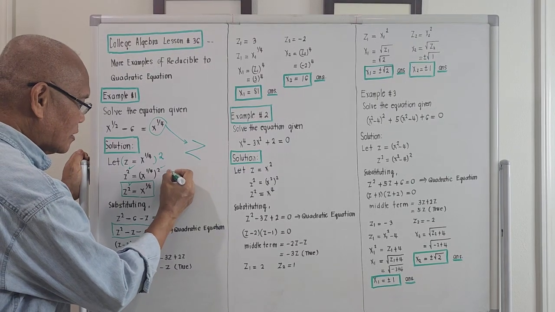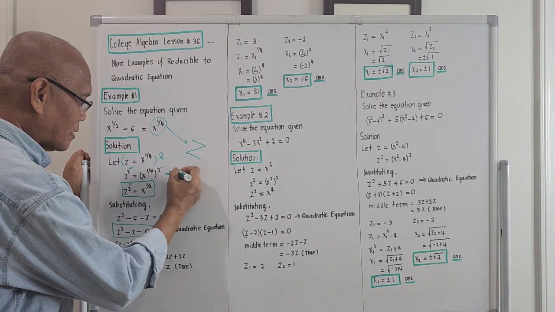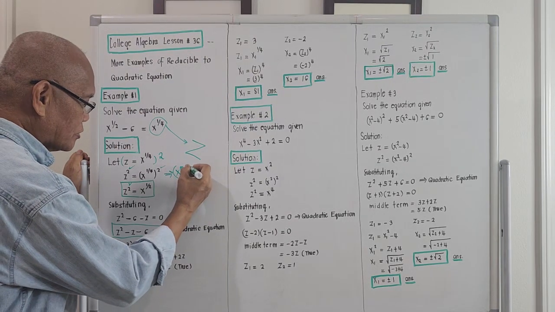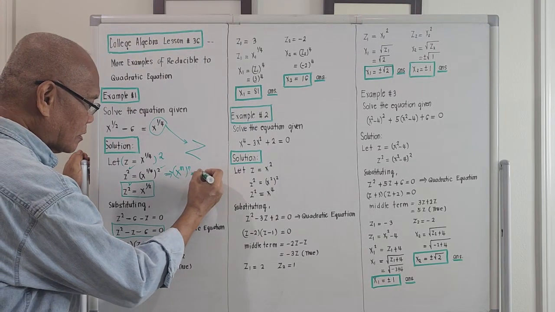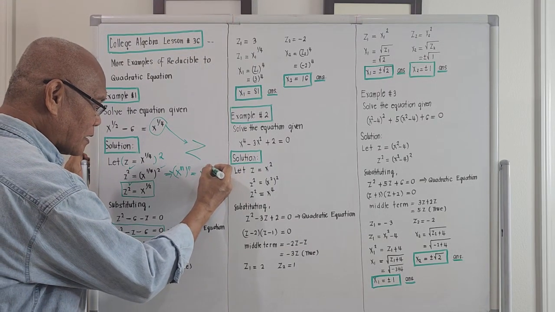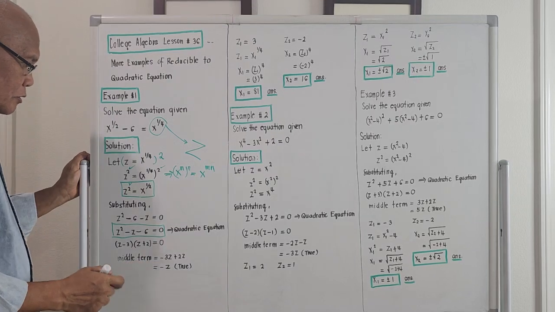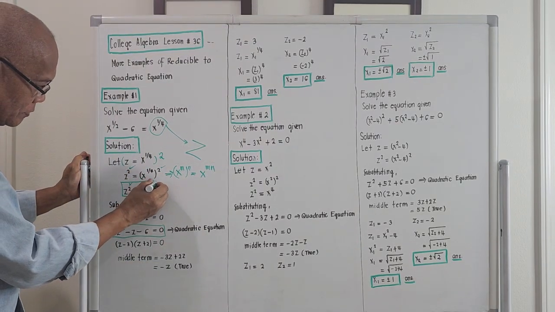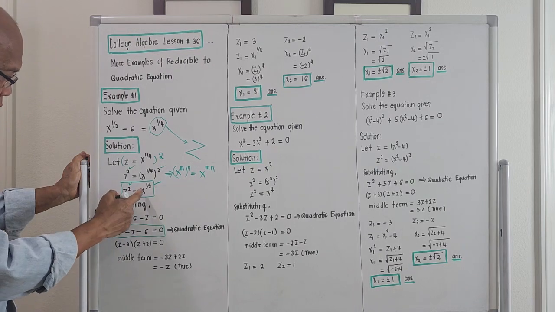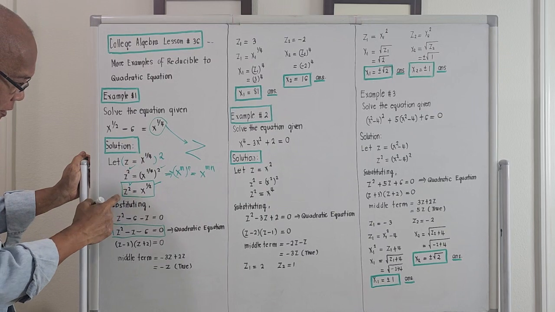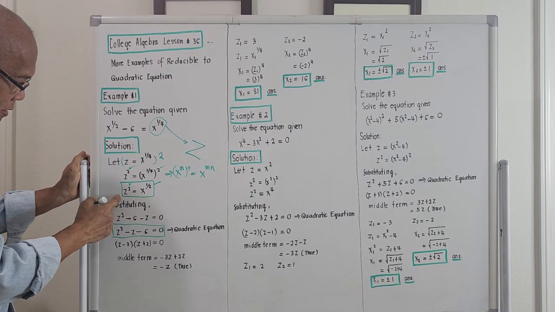We use the exponent formula here, x raised to m raised to n. This can be simplified to x raised to the product mn. So if we try to multiply 1/4 by 2, it will become 1/2. So the value x raised to the 1/2 can be represented as equivalent to z squared.